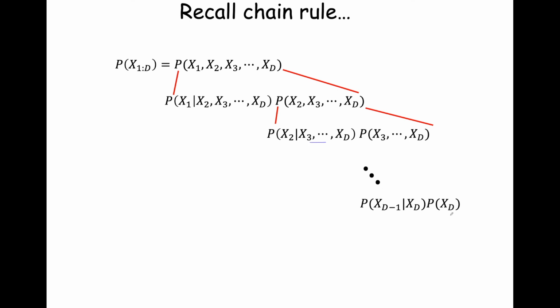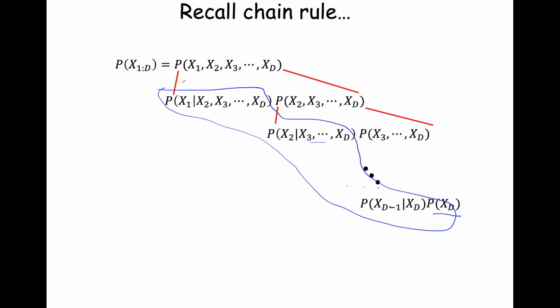And when we're done, we bottom out with probability xd, and then all of these factors, xd minus 1 given xd, xd minus 2 given xd minus 1, xd, and so forth, going all the way up. All of these factors along this left-hand edge, those are going to be the factors you multiply together in order to comprise the equivalent expression for this original joint distribution.